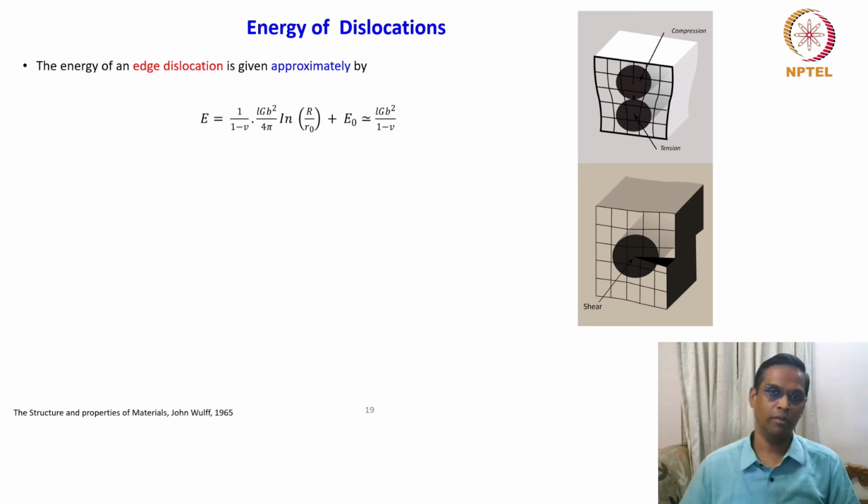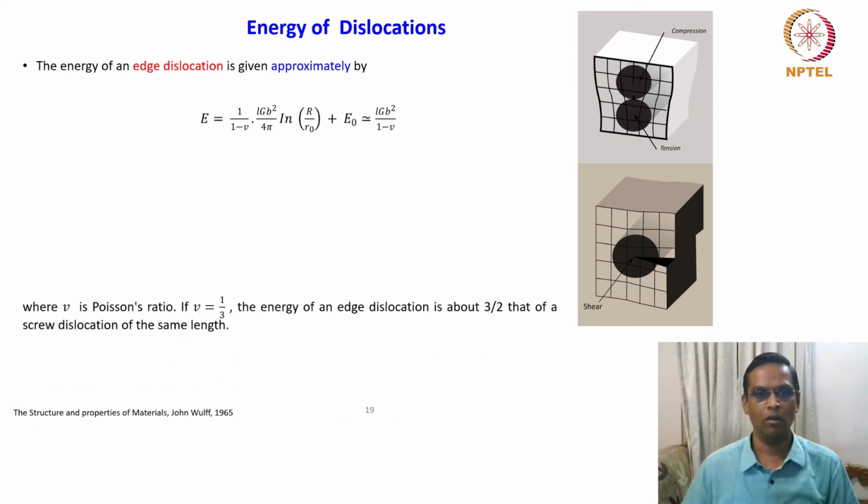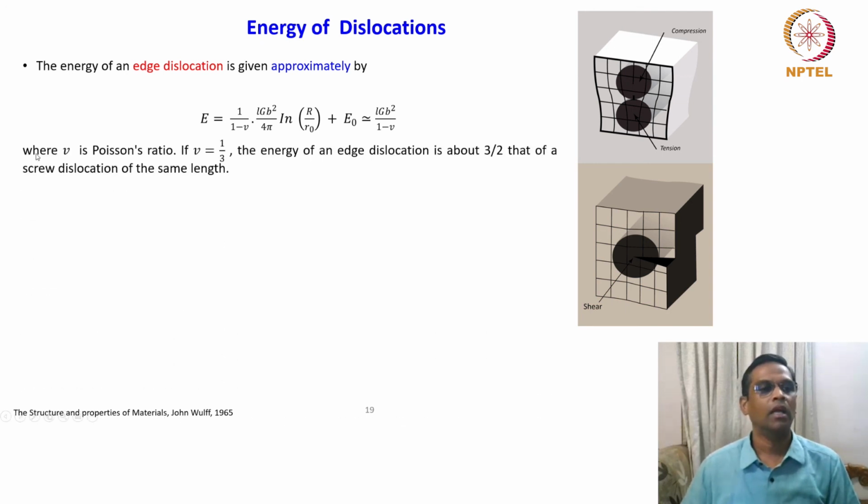Then the 1 minus mu term comes. If you understand all these subtle differences, then you don't have to worry about all these mathematical terms. It's very easy to look at. Where mu is the Poisson's ratio, if mu is 1 by 3, the energy of an edge dislocation is about 3 by 2 that of a screw dislocation of the same line.